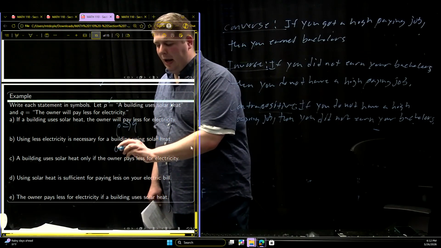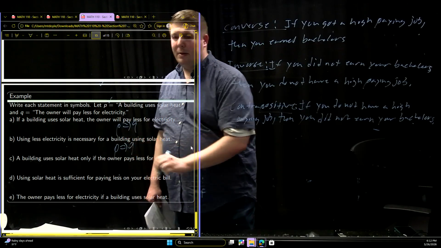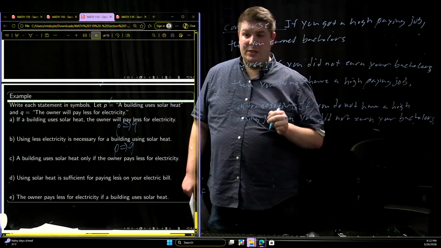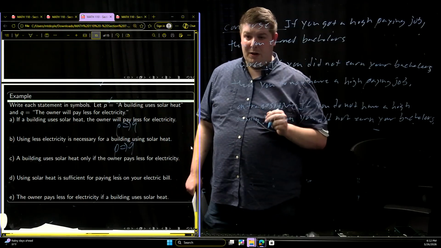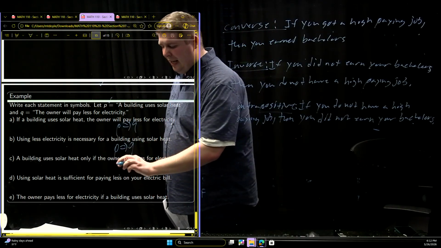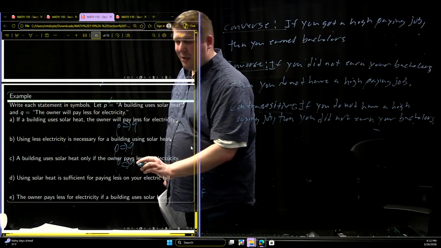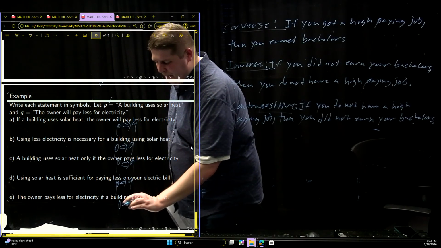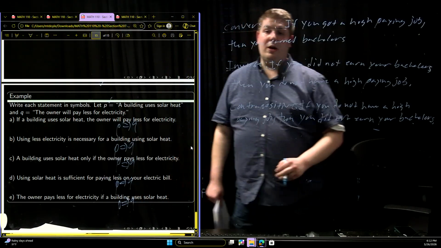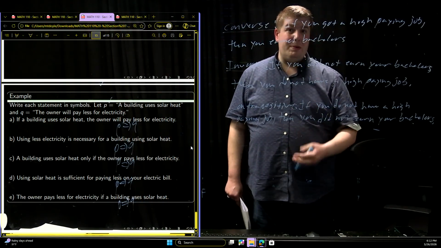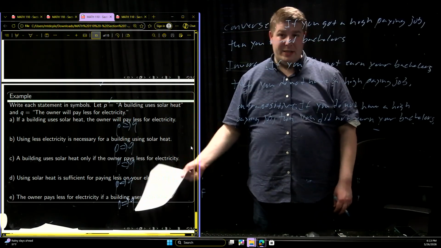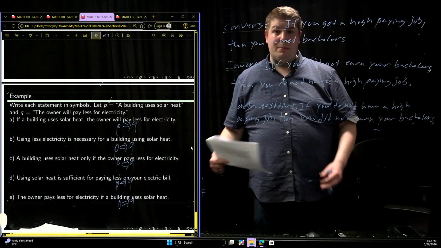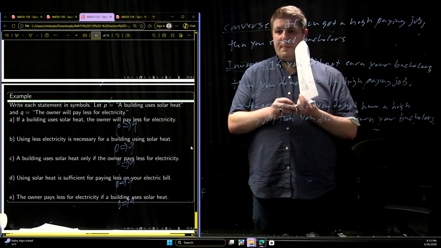That is also a P implies Q statement. A building uses solar heat if the owner pays less for electricity. That is also a P implies Q statement. This one is as well, and this one is as well. Okay. I want you all to try to figure out why they're all P implies Q statements, but these are all conditionals. They are all saying the same thing, just in different ways.